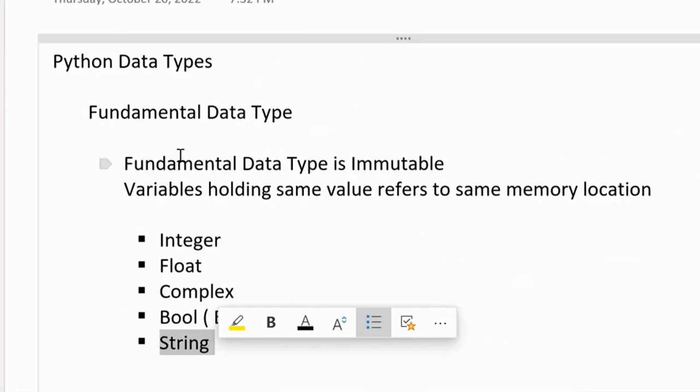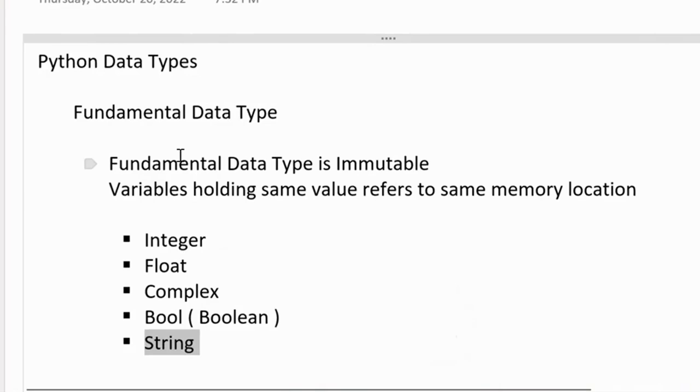The properties of the fundamental data type are, first, fundamental data types are immutable. That means the value inside the memory we can't change. We can't change the value inside the same memory. That is exactly what immutable means. Second important thing is that variables holding the same value will be pointing to the same memory location.